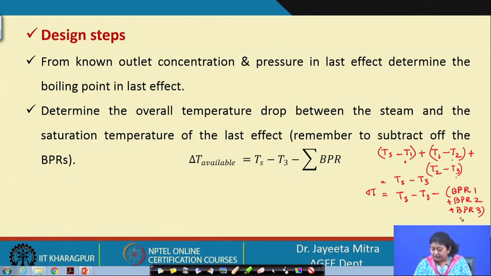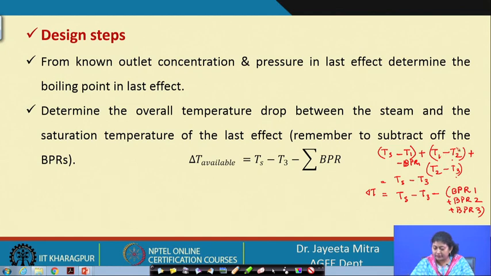This is coming because when boiling point rise exists, the T1 that we get in the first effect will include minus BPR1.